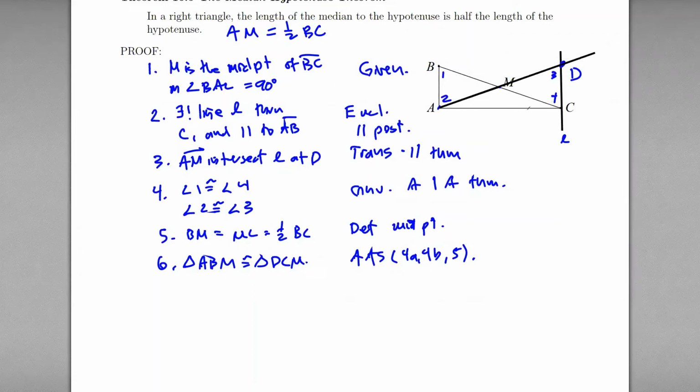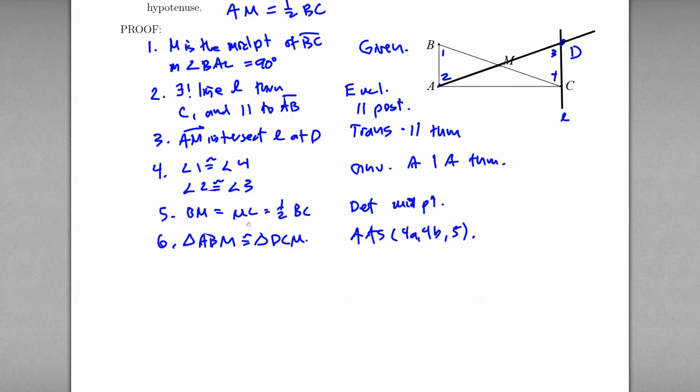Excellent. That's a bigger triangle congruency, so we're looking for that. So line segment AB is congruent to the line segment from C to D. And this is by the definition of congruent triangles.